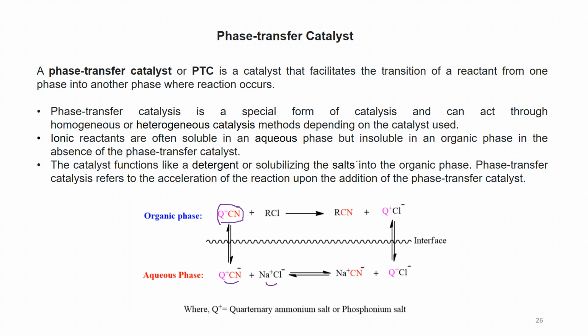But in this case, when RCl comes in contact at this interface, it reacts with the substrate forming RCN and Q+Cl-, where there is a transfer from CN to this R in presence of this quaternary ammonium phase transfer catalyst. This phase transfer catalyst helps it to react and form this type of product, where the NaCl is dissolved in water and RCl is in the organic solvent, but they react forming our desired product.